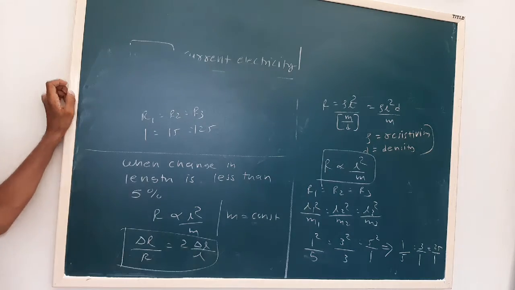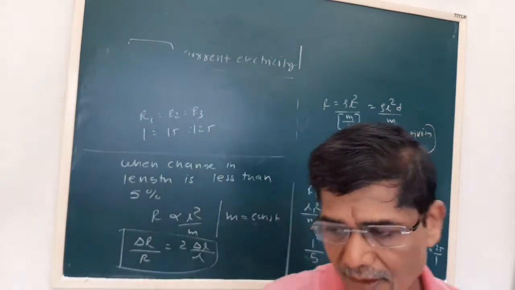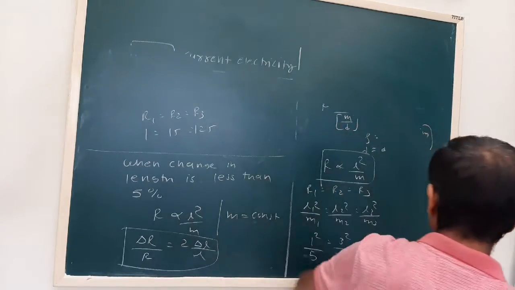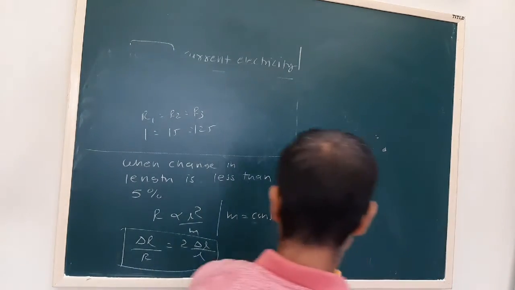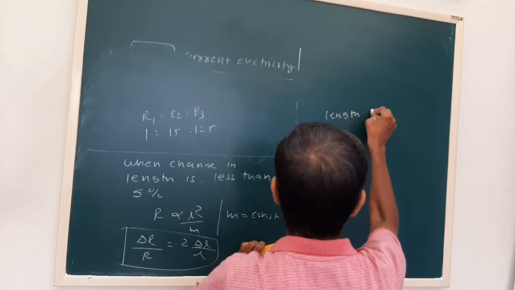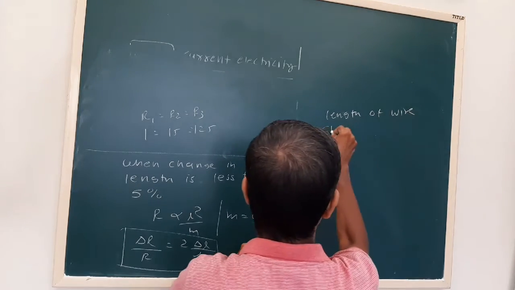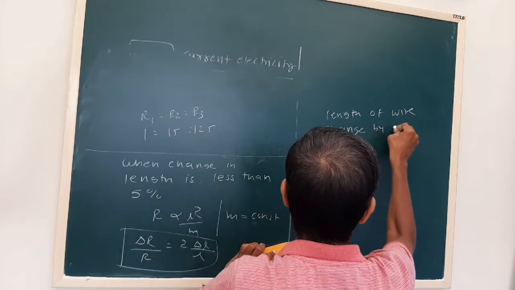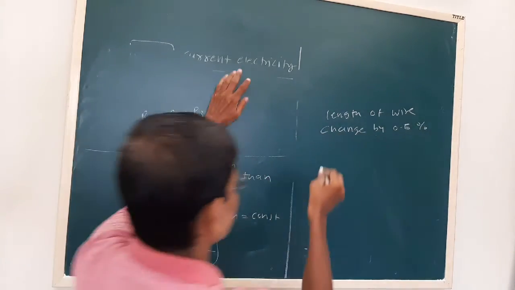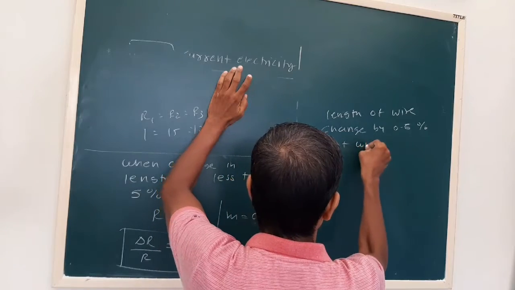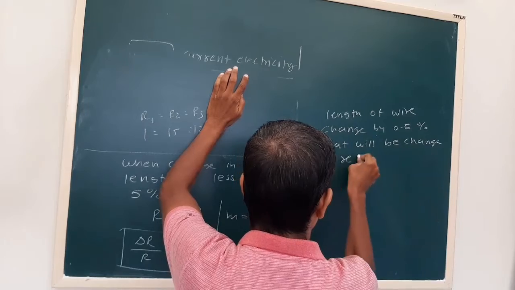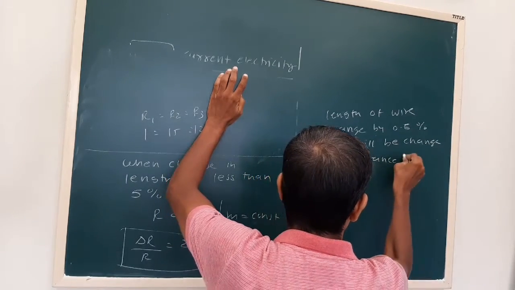Okay, this is a formula which we studied in the second lesson in the 11th standard, that is in the dimensional analysis. Suppose here the change in the resistance is given, and the length of the wire changes by .6%.